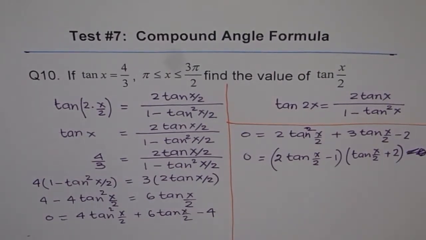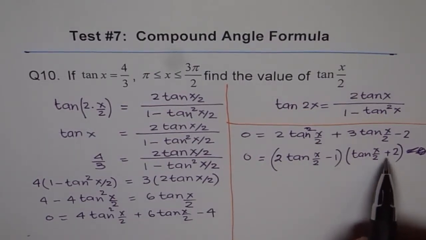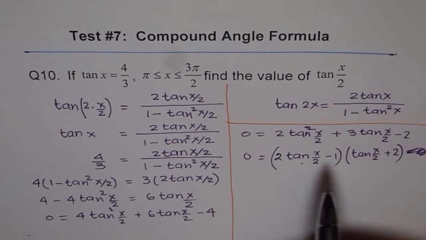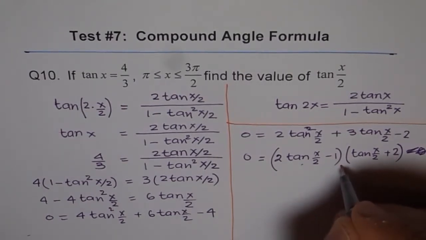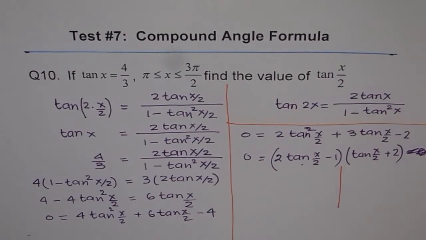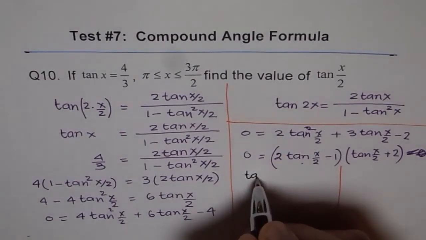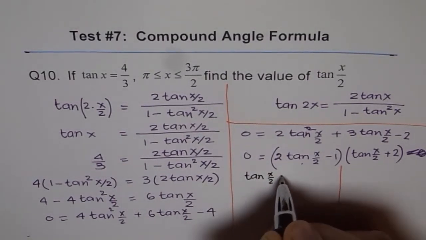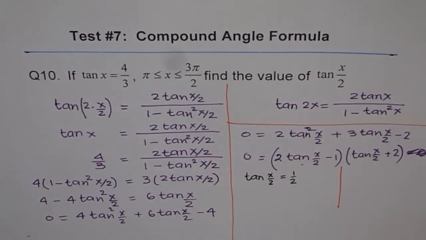Now, when is this true? We can equate this to 0 and that to 0 and find the possible solutions. So what we're trying to do now is find our answer. This will be 0 if tan x by 2 is equal to half. That is the possible answer.